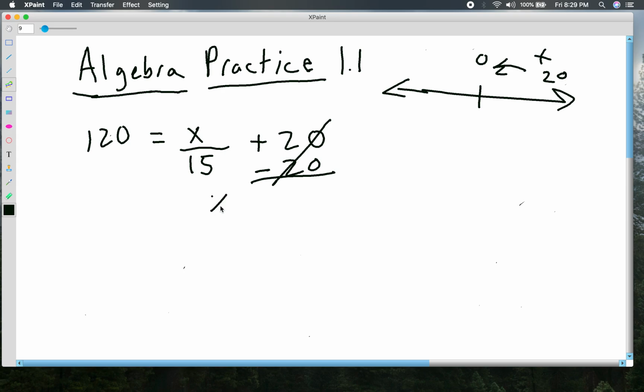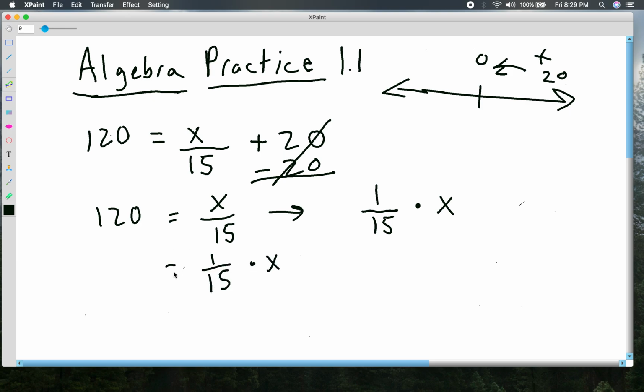Now we have x over 15 equals 120. Now remember, this x over 15, don't be alarmed, it's the same as 1 over 15 times x. So 1 over 15 times x equals 120.